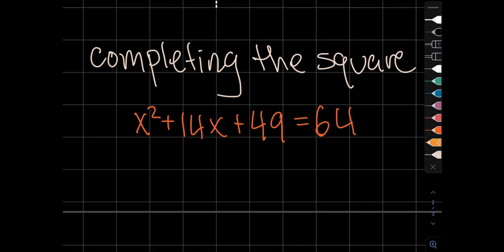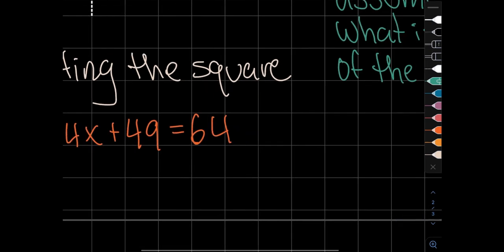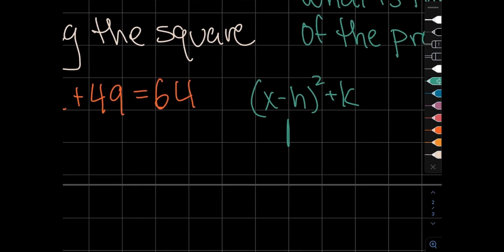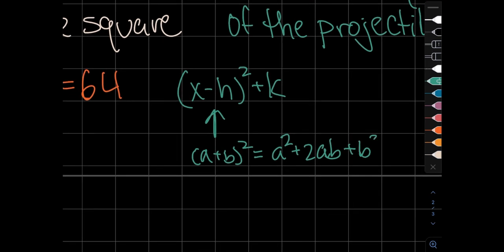Completing the square is helpful for finding vertex form, and what you want to do is try to make it into that form where it's x minus h squared plus k, and this actually equals that one property where a plus b squared equals a squared plus 2ab plus b squared.